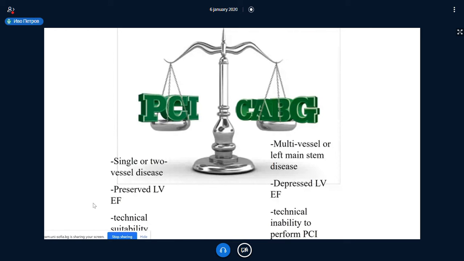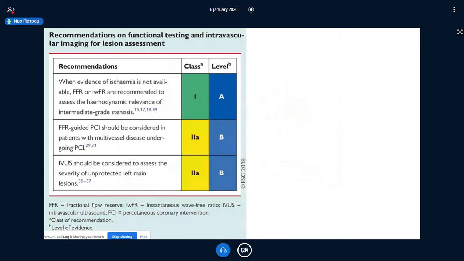Okay, let's say we have already done the coronary angiography, and we have proven that the patient has 1, 2, or 3 vessel disease.